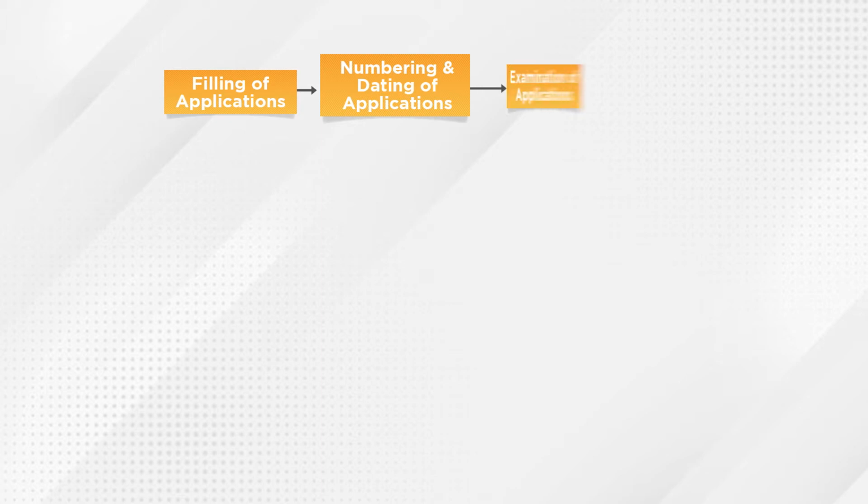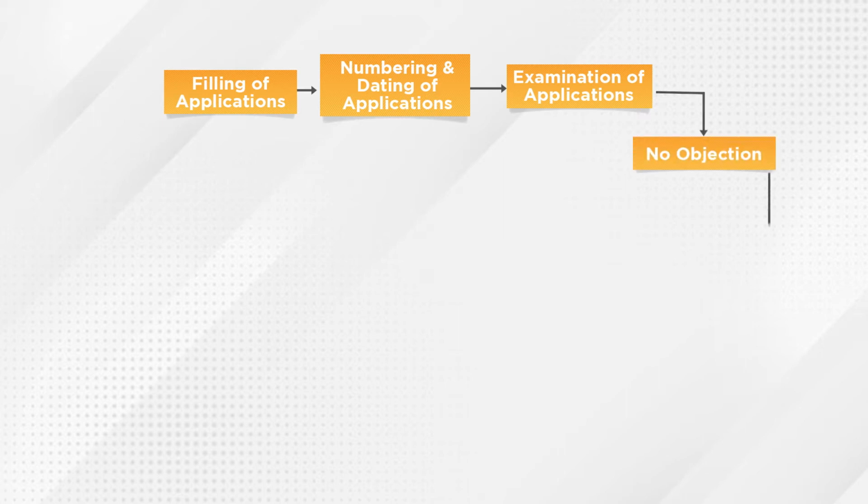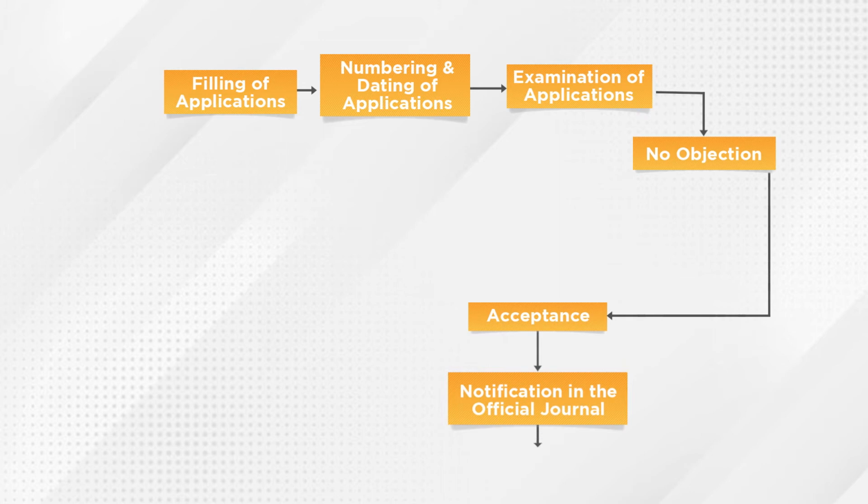File an application form to the patent office, numbering and dating of the application. After that, examination of the application will be done. If there is no objection, then your application is accepted. Then a notification is published in the official journal. After that, a certificate is issued for the same.